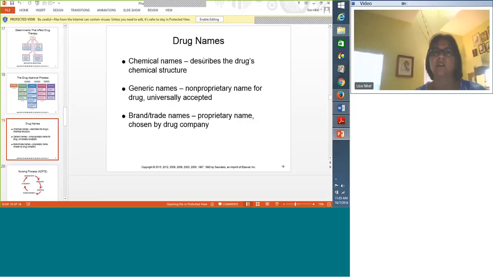Chemical names are basically a chemical name given to describe the drug's chemical structure. A lot of times you'll see this in the patient information leaflet that comes with the drugs, or while the drug is still in its investigational stage. We commonly don't use these in our nursing language. We're using generic and brand or trade names.